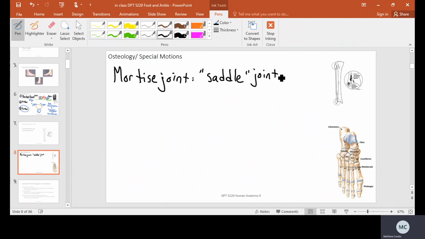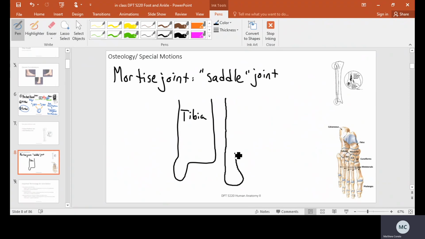So what we have to understand is that the ankle is going to be made up traditionally of 3 bones. Okay, I'm going to have my tibia, I'm going to have my fibula, and then I'm going to also have my talus.